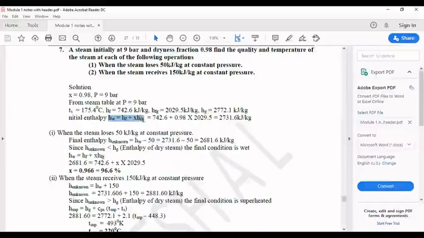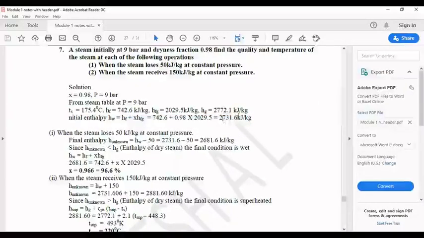So I use the enthalpy formula for wet steam, that is HW is equal to HF plus X into HFG. HF I know, X is the dryness fraction given, and HFG I got from the steam table. All the values I substituted, and I got this answer. So this is the initial enthalpy.